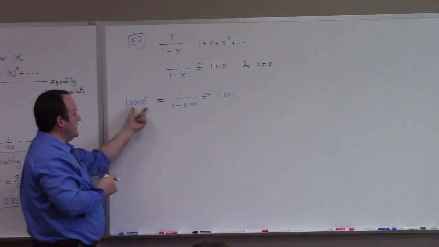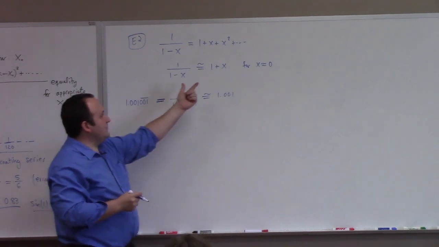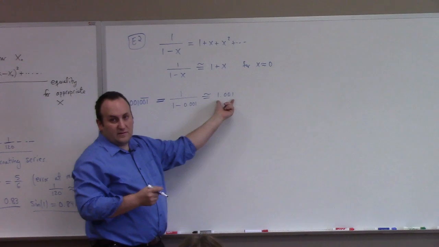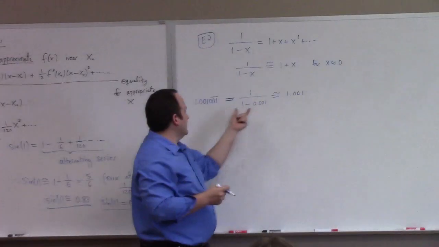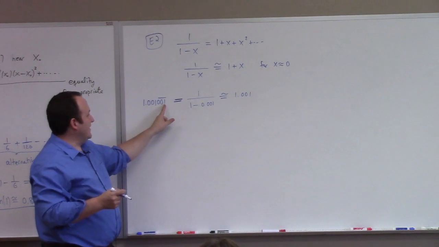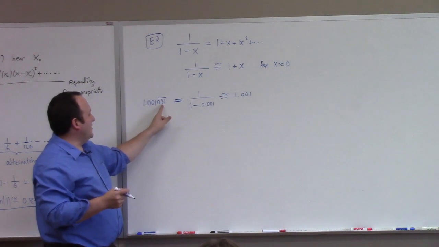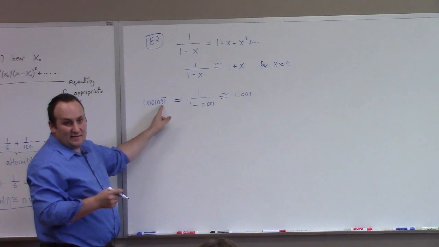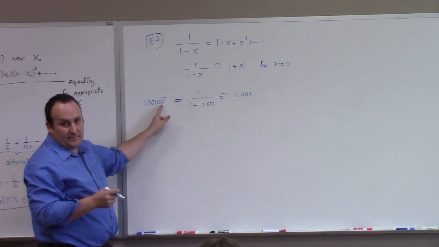So as you can see, just keeping the first two terms in the geometric series gave us an approximation to this which was good to, what, 5 decimal places? It's not bad, right?